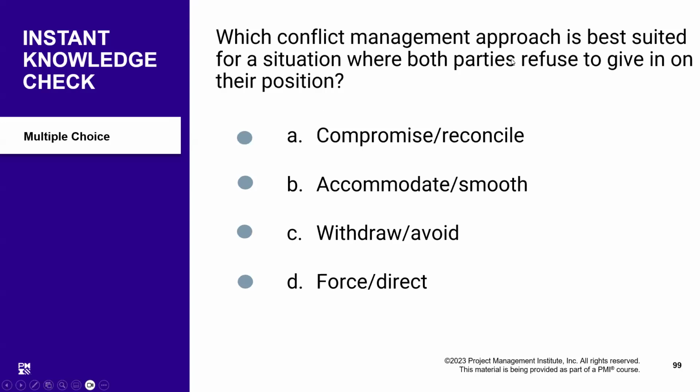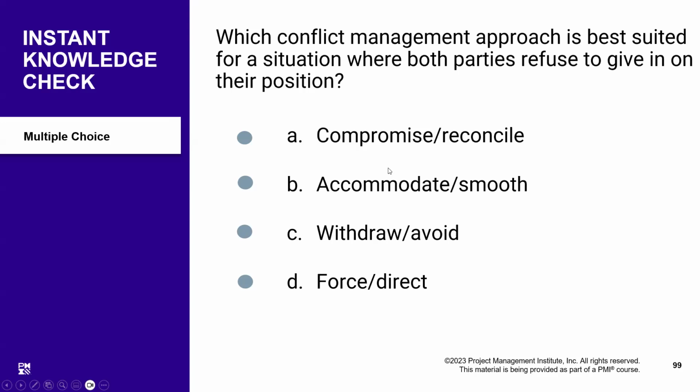Which conflict management approach is best suited for a situation where both parties refuse to give in on their position? They are not compromising. They are not agreeing with each other. Compromise or reconcile, A? Compromise will be done if they agree on something.